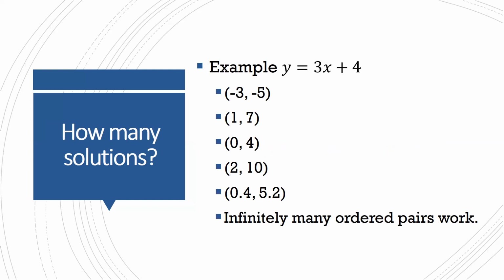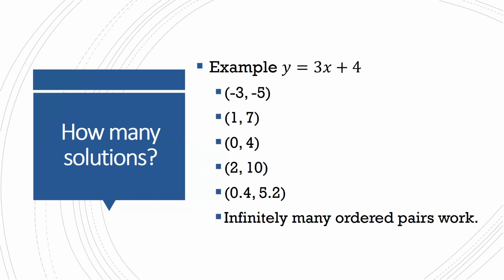Now, a question we may ask is, we have this equation, y equals 3x plus 4. We saw that -3, -5 was a point that worked in the equation. We saw that 1, 7 was also a point that worked for the equation. How many points are there that work?